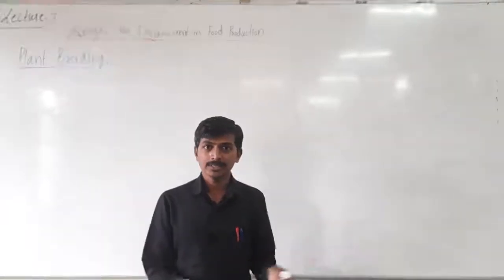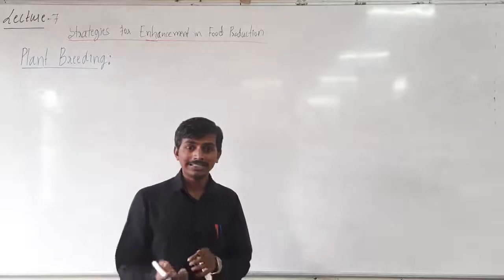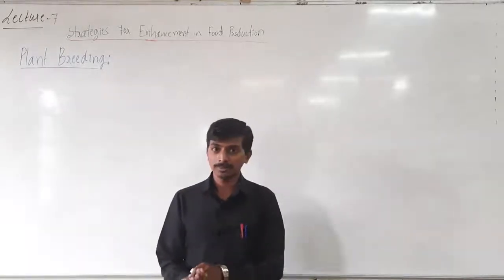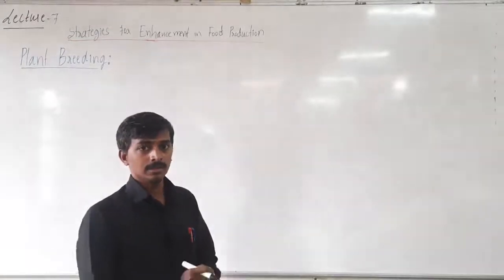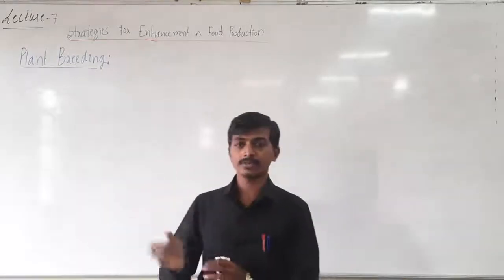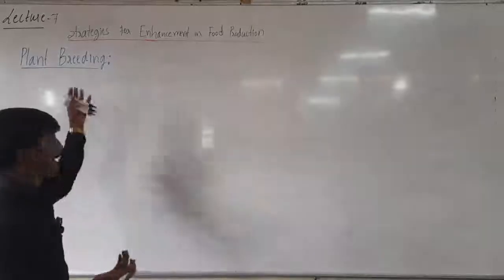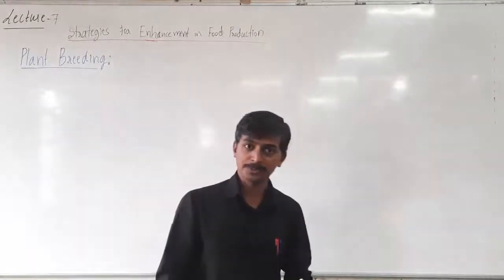Till yesterday's class, we have learnt about the different aspects of animal husbandry, animal breeding, poultry as well as fishery. Right. In today's class, we shall discuss plant breeding, all about breeding in plant species.